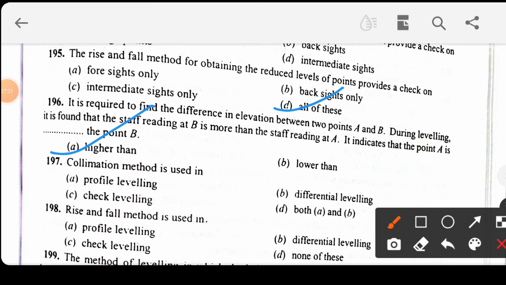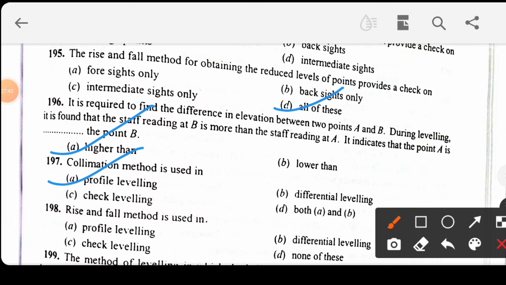Collimation method is used in profile leveling. Correct answer A. Collimation method is used in profile leveling.